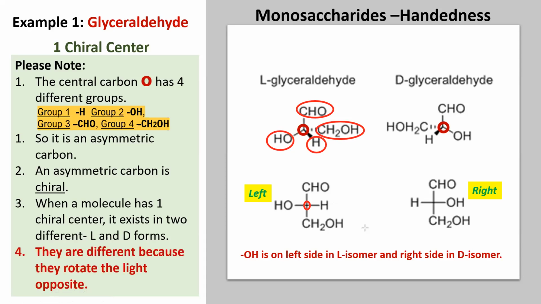Absolutely. One of them will rotate the light in the right direction and the other will rotate the light in the left direction. So they are actually very different molecules in nature. Science is an attempt to understand what's in nature and apply it for human benefit, most of the time, not always. So that's what it is, okay?